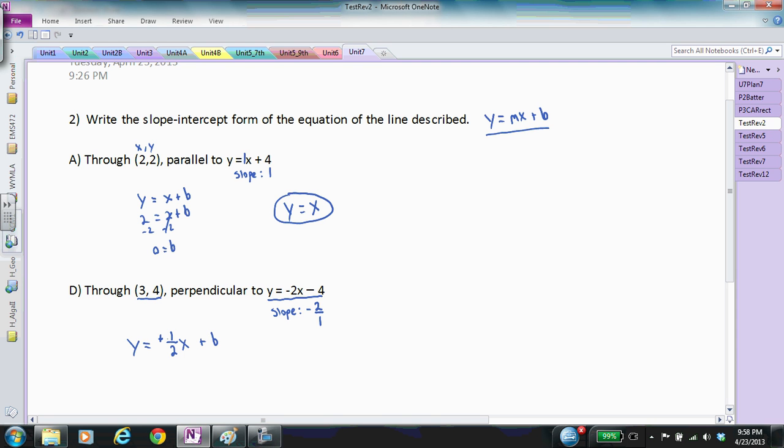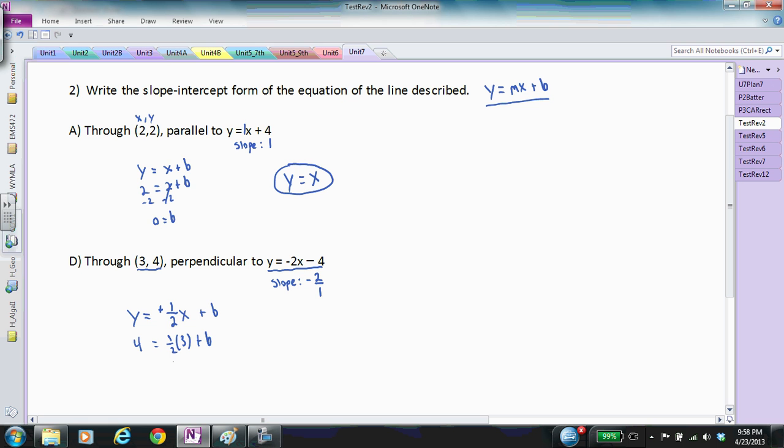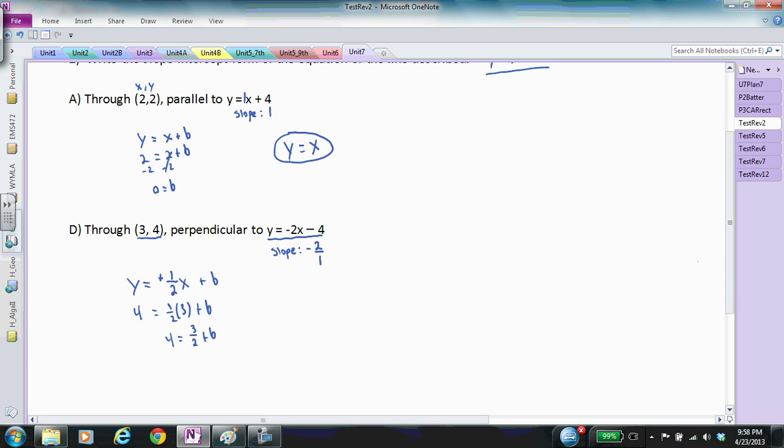Now to solve for b, I substitute in for x and y. 4 goes in for y. 1/2 times 3 goes in for x plus b. So then that is 4 equals 3/2 plus b. So now I'm going to subtract 3/2 from both sides.